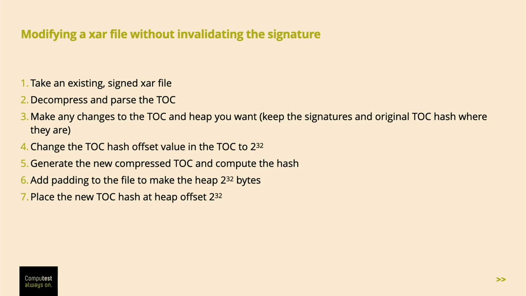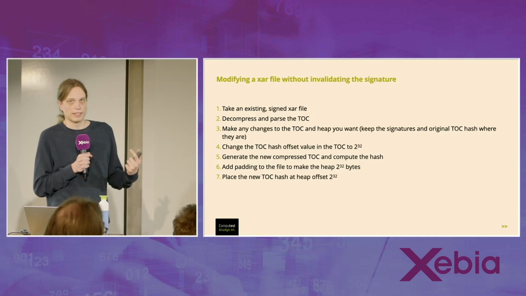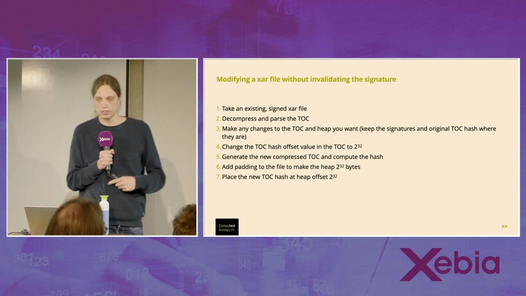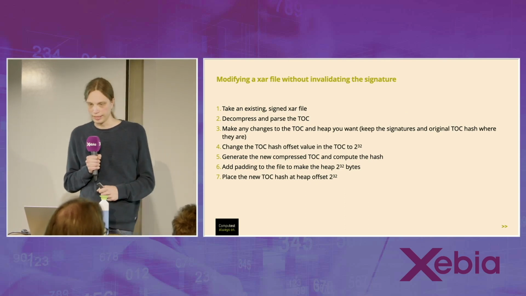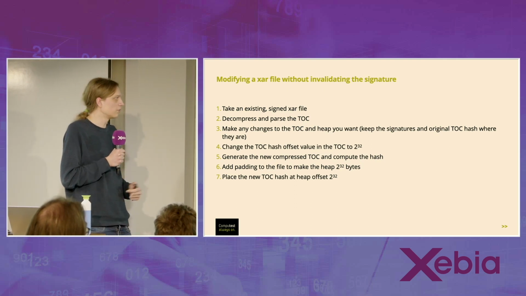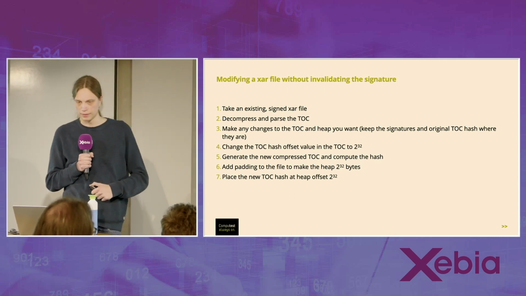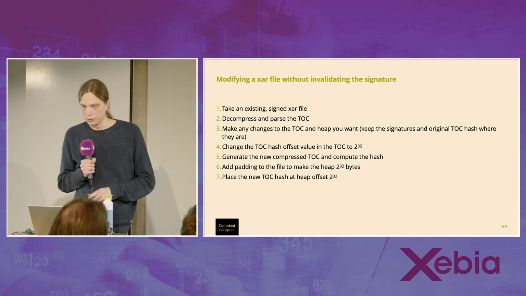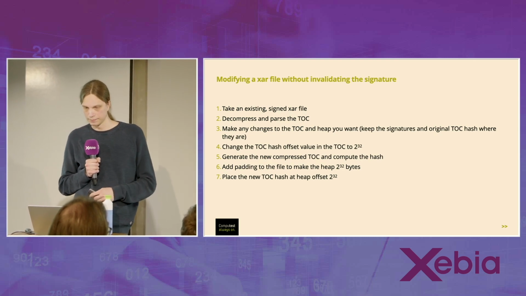And compute the new table of contents hash, also change the hash offset to 2 to the power 32, so the check will use the correct value. Then generate a new compressed table of contents, compute the hash, and put that value there. Add some more padding to make sure that the file is actually to the 32 bytes, and just place that new table of contents hash there.